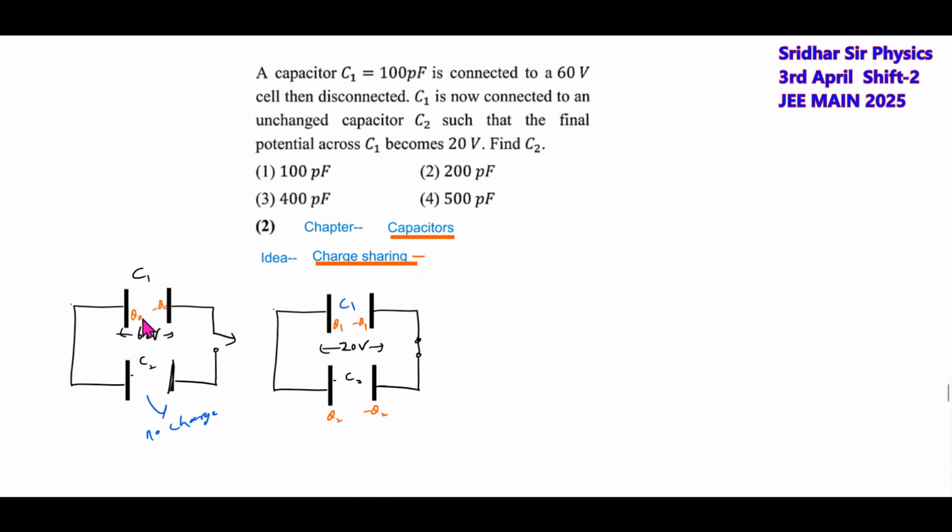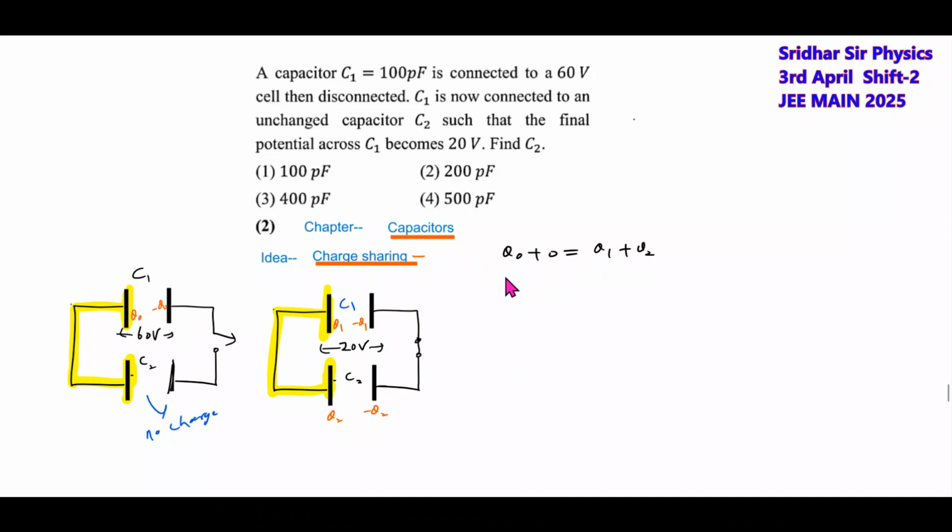Then charge should be conserved. The charge of these two plates should be conserved. Either you can choose this plate or this plate. So what is the charge Q naught? Initially 0 on the other. Final charge is Q1 plus Q2.